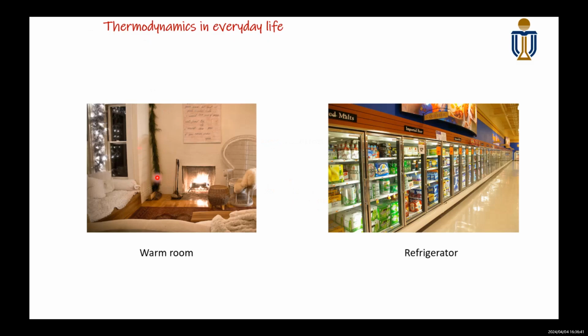In a cool winter, when you walk into a warm room, you can feel the relatively high temperature and sense the heating in the room. This is because your body is in thermal equilibrium with the air in the room, and you can sense the temperature of the air. Another example is a refrigerator.